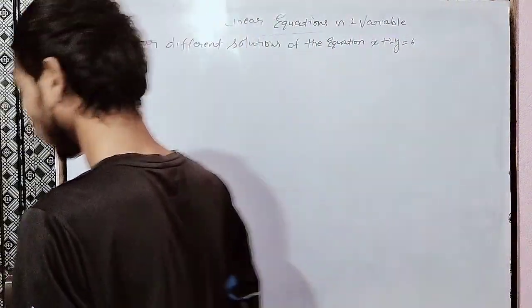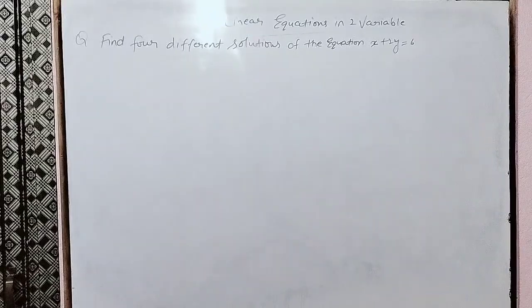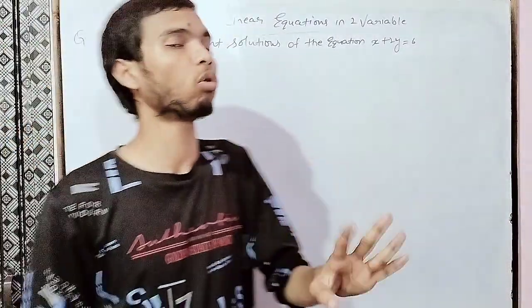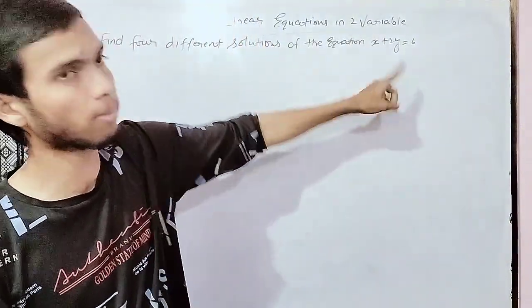We have to find 4 different solutions of a given linear equation. How will we find them? It is also saying 4 different solutions of this same linear equation.